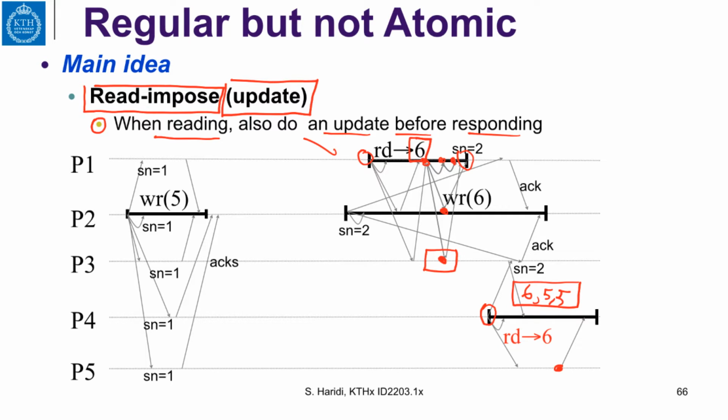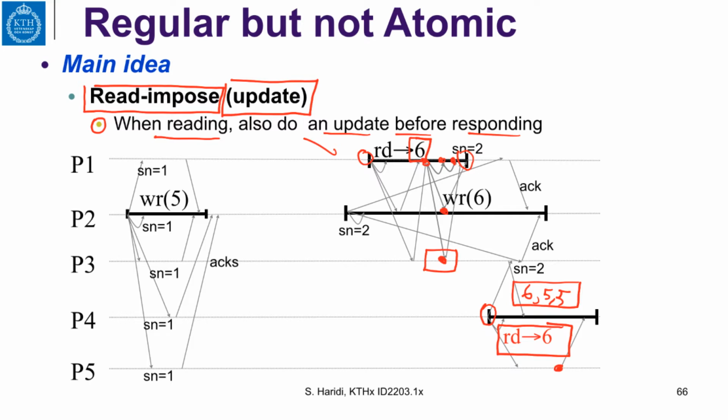And as you can see now, the succeeding read, the second read that we see here, will return the value 6 instead of the value 5. So the first read makes sure that the write is complete before it returns. Therefore, a following read will return at least the value of that write that has been read by the previous read. So this is the basic idea of the algorithm.